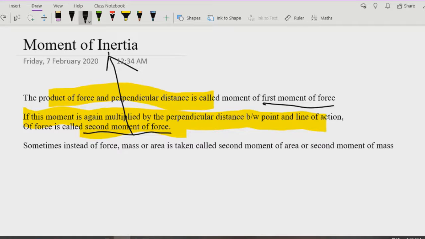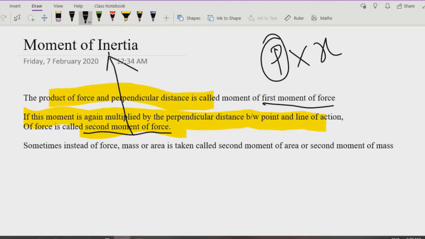not by force, as we know that moment is equal to P into perpendicular distance, means x. So usually in figures we don't use force P or F. We actually multiply this distance with area or mass. And to calculate the moment of inertia, we have to multiply with square distance.